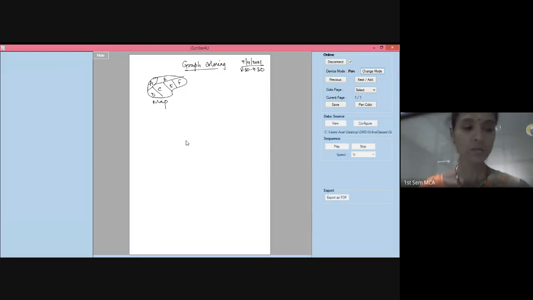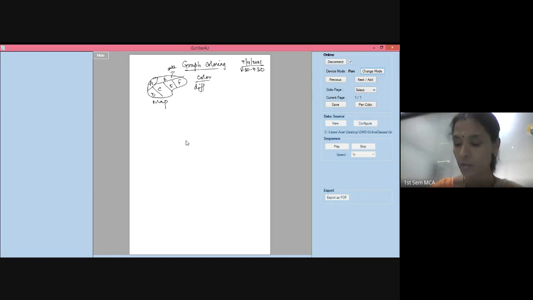If I have to distinguish between each of these states, how do I distinguish? Let us say I will color them. If I have to distinguish between two different states in the map, then I am going to color them with different colors.